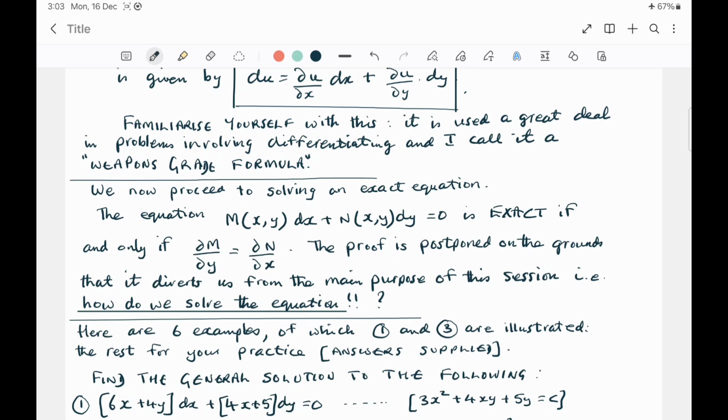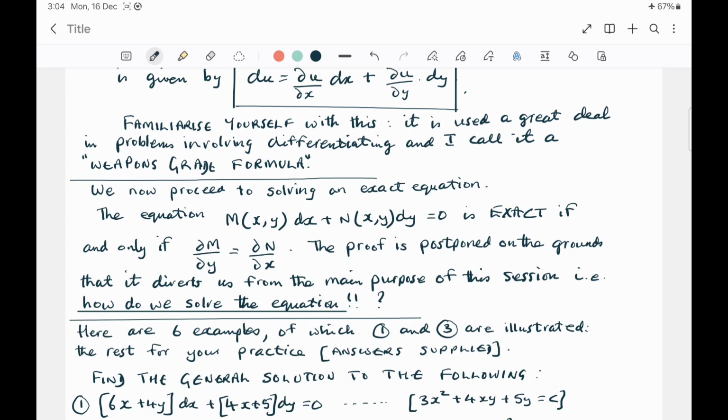I've written down a differential equation here, which is M, a function of x and y, dx, plus N, another function of x and y, dy, equals 0. And I'm stating that it is exact if and only if the partial derivative of M with respect to y and the partial derivative of N with respect to x are equal.